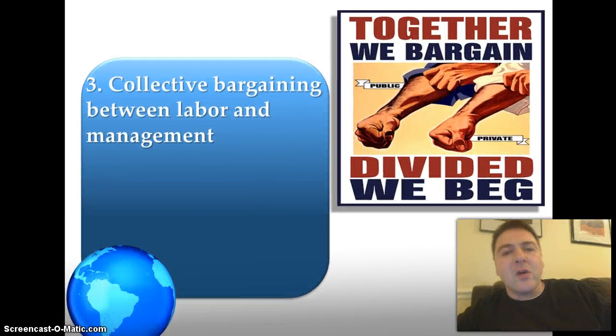And then another one was called collective bargaining, and this was one of the strong points that the unions had. If an individual employee went in and asked the boss for a raise, it might be very easy for the boss to just say, no, get out of here. But if 100 workers collectively went to the boss and demanded a raise, and threatened to walk out and quit if the boss said no, they had a little more power that way.